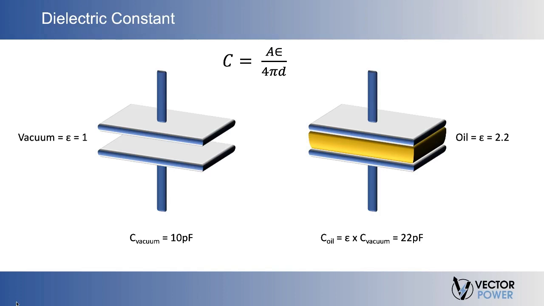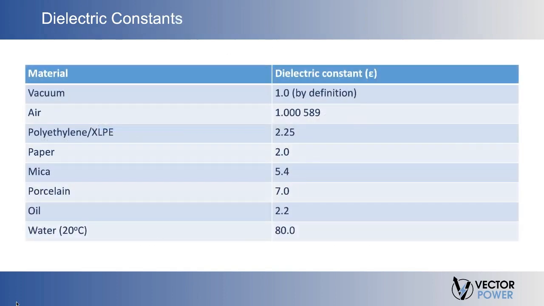Now, substituting air with oil, the dielectric constant is raised. Oil has a dielectric constant of 2.2. And we see by substituting oil for vacuum, the capacitance grows, even though the distance between the plates and the surface area of the plates do not change.